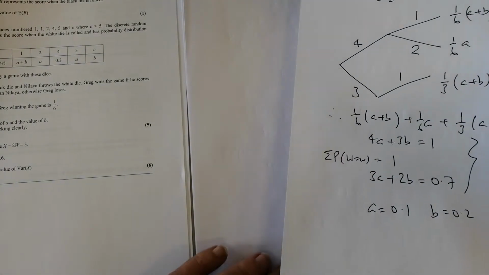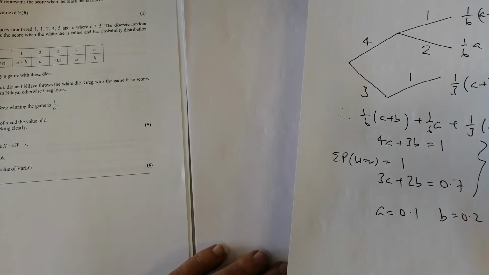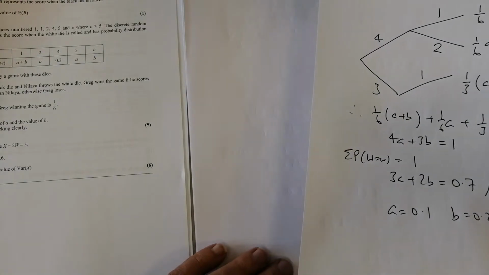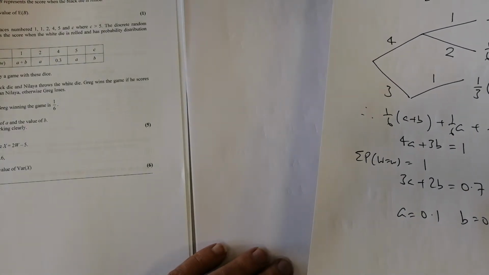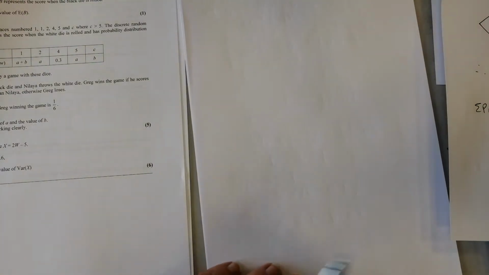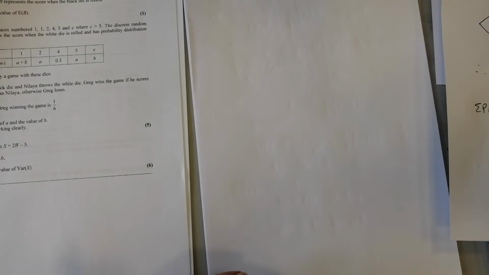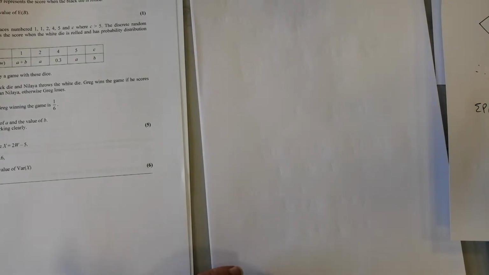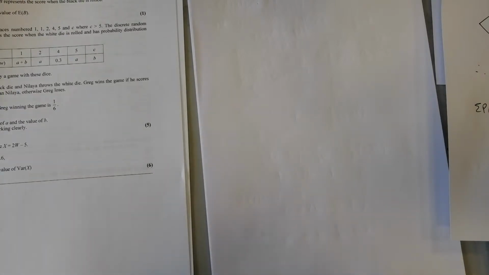On to part C. The random variable x is equal to 2w minus 5. Given that E(x) is 2.6, find the exact value of the variance of x. Well, the variance of x is E(x squared) minus (E(x)) squared. However, we don't really know a lot about x to do this.